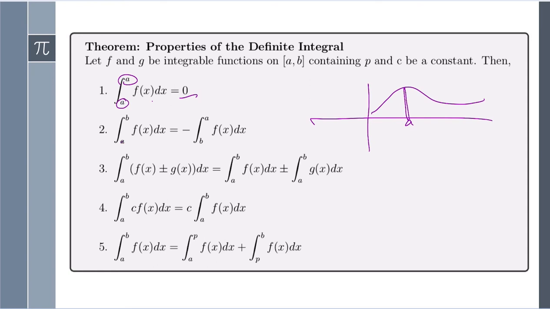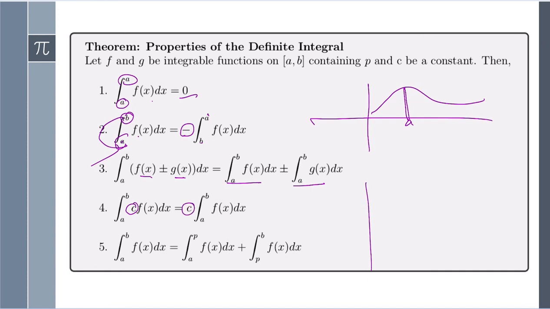If we have a to b of f of x dx and we switch the limits, then that becomes a negative integral, the negative of b to a. The third one is that the integral of a sum of two functions is equal to the sum of the integrals of those functions. If we have subtraction, we can subtract them. And if we have a constant multiple, we can always pull that out.